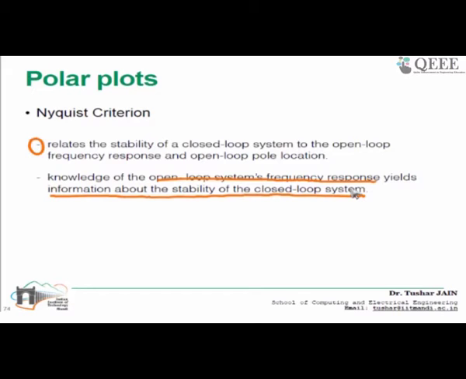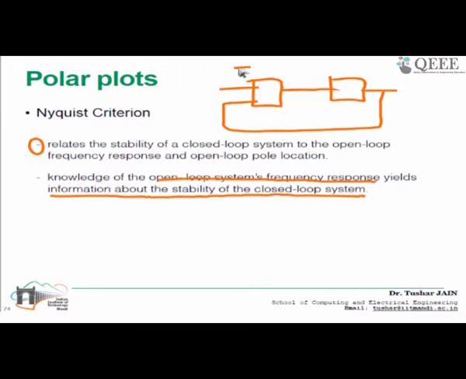So let's say I have a controller, okay, once I attach a controller within the closed loop system, and now I just compute the open loop system response, meaning to say that if I have this closed loop, the feedback one, I just need to see the forward path, that's it.